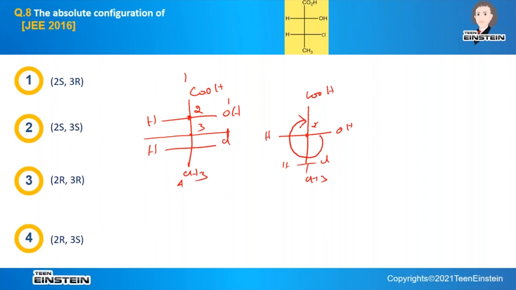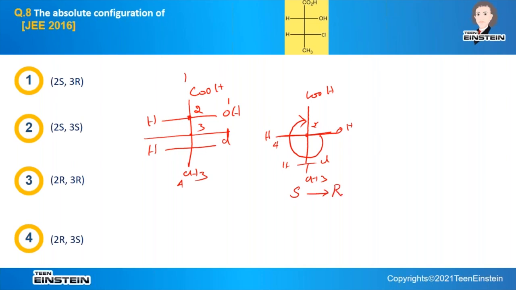So for anti-clockwise direction, the configuration is S, but the least priority is in the horizontal line. So that is the fourth, numbering of fourth is in the horizontal line. So the configuration reverse takes place. So it goes from S to R.